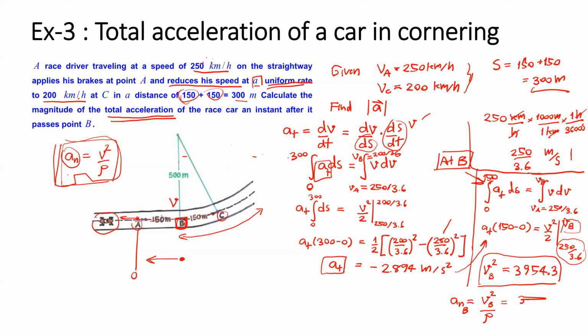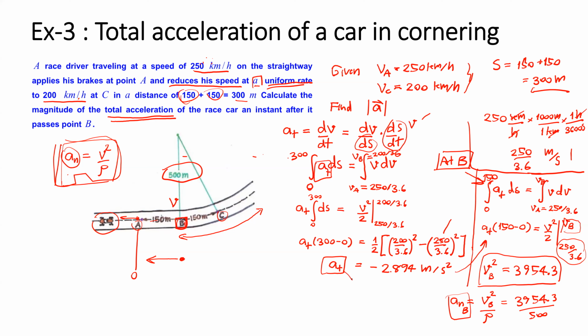So you're going to have 3954.3 divided by the radius of curvature. The radius of curvature is 500 meters.